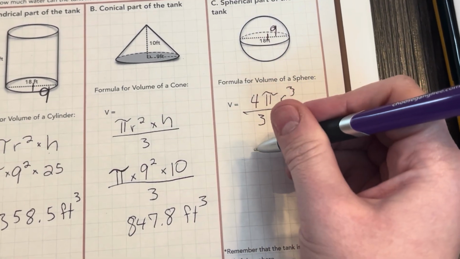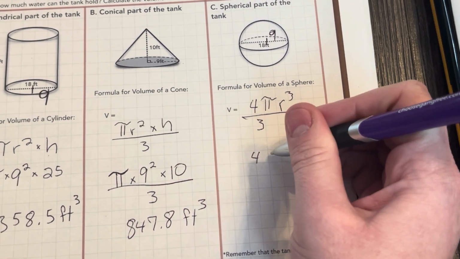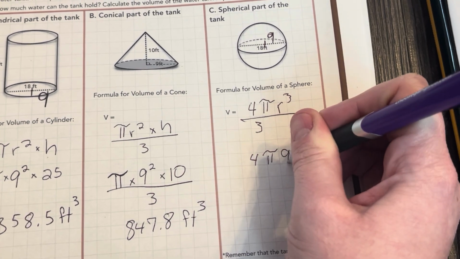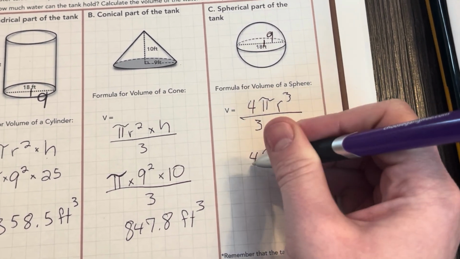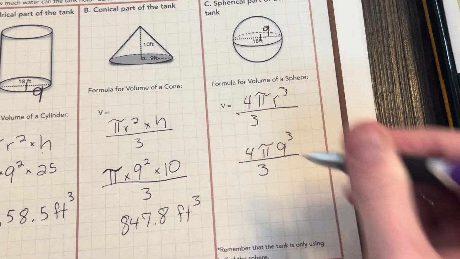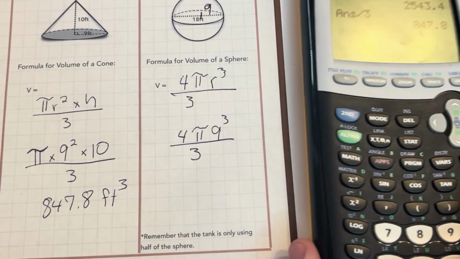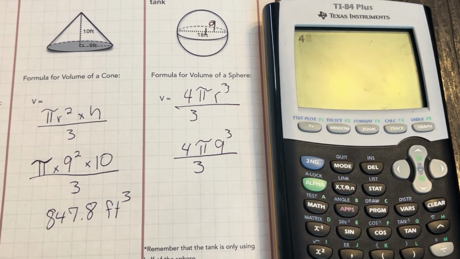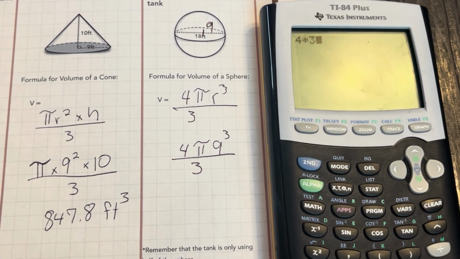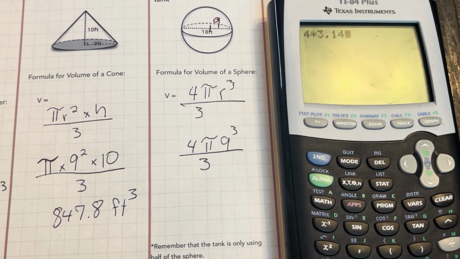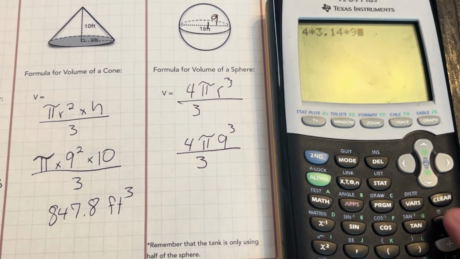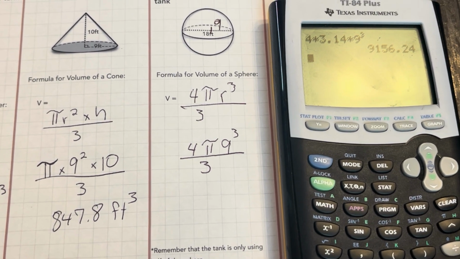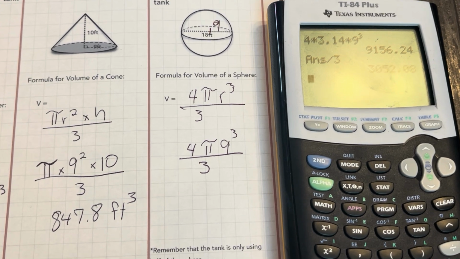All right, let's fill that in. We're going to take 4 times pi. The radius is 9 to the 3rd power, all divided by 3. Here comes the calculator. We're going to take 4 times, and I'm going to use 3.14 for pi, times 9 to the 3rd power, and I'm going to divide that by 3.